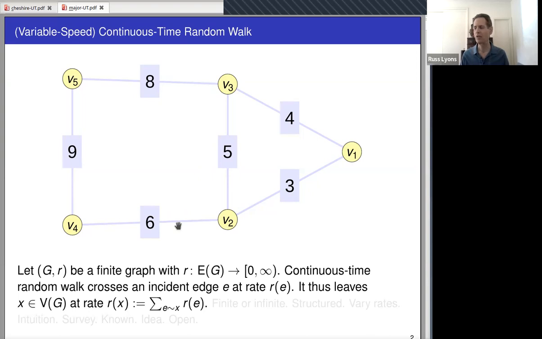And if you recall, it's a very simple calculation that the minimum of independent exponential random variables is another exponential random variable with rate equal to the sum of the rates. So therefore, it will leave V2, in this case, at rate 3 plus 5 plus 6, or 14. And that's why it's called variable speed. Okay, any questions on what I mean by variable speed continuous time random walk? That's going to be the topic of the entire talk.